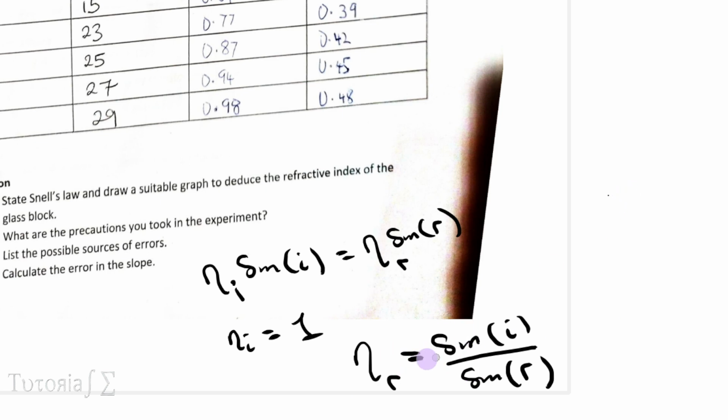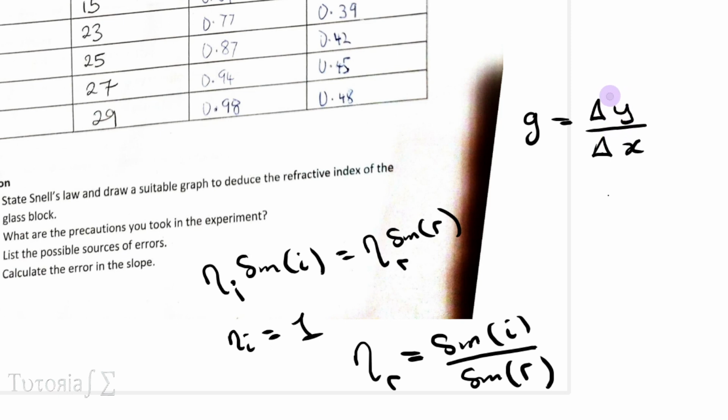All right, so now having known that the refractive index is equal to sine of the incident over the sine of the refracted ray, we also know that the gradient of a graph is equal to the change in y over the change in x, dy/dx.